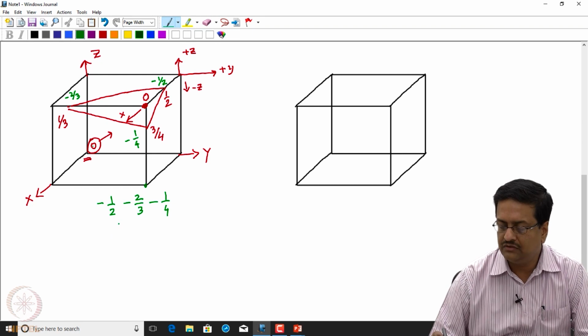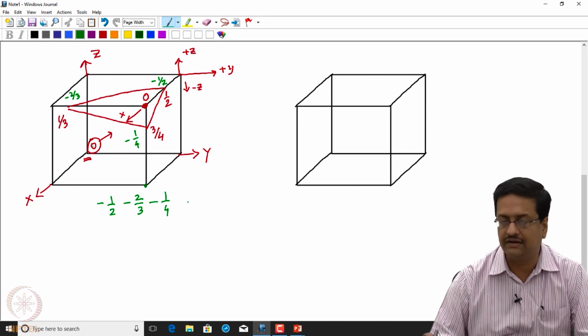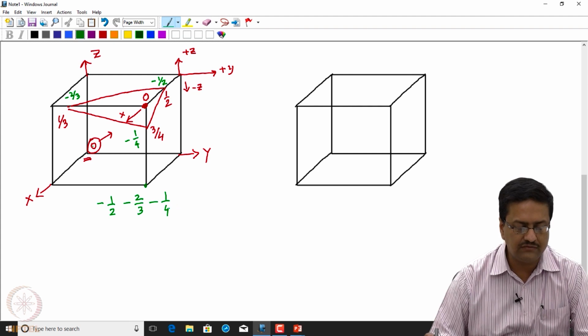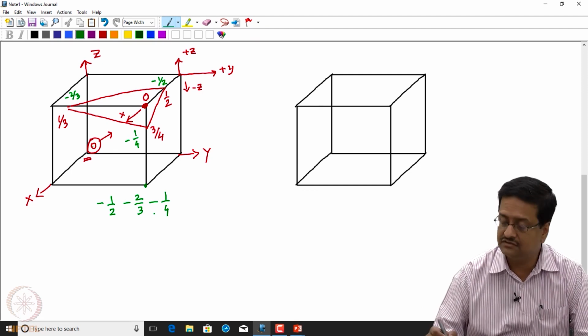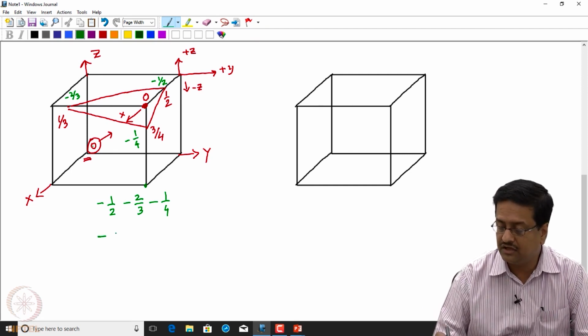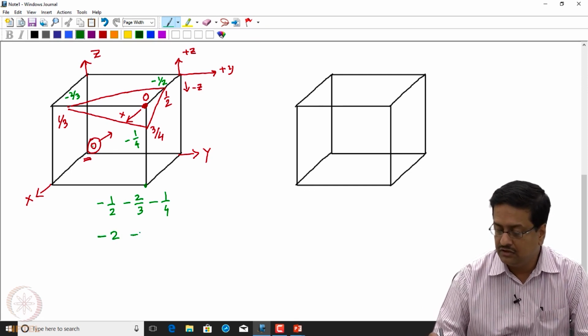So now we would like to clear the fractions. When we try to clear the fractions, first we need to take the reciprocals. So when we take the reciprocal, it becomes minus 2, minus 3/2, and minus 4.